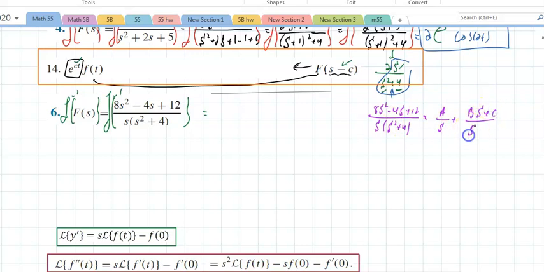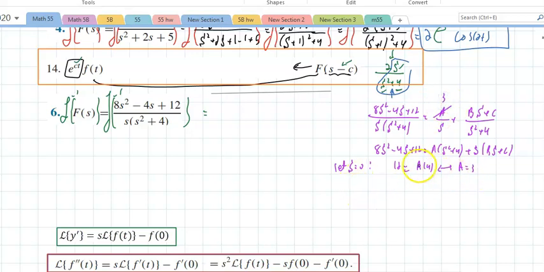So partial fraction decomposition. And if I let s equal 0, I'll get a 12 equal 8 times 4. So a is 3.